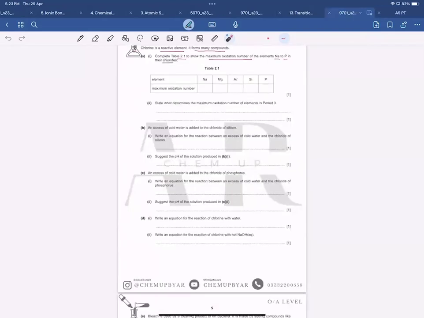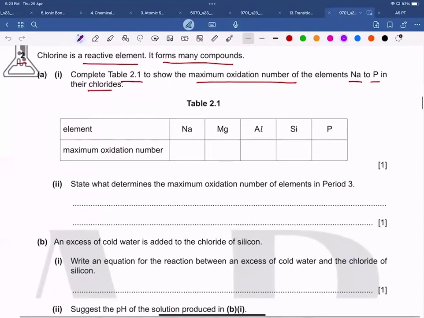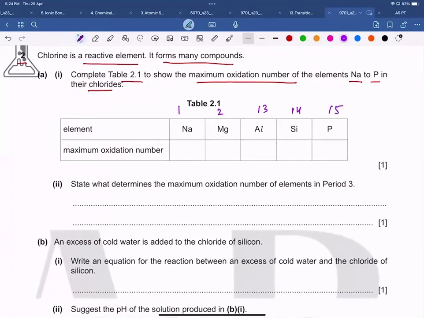So we have to put the oxidation numbers over here. Sodium is in group 1, then group 2, group 13, group 14, and group 15. So it has +1, +2, +3, +4, and +5.